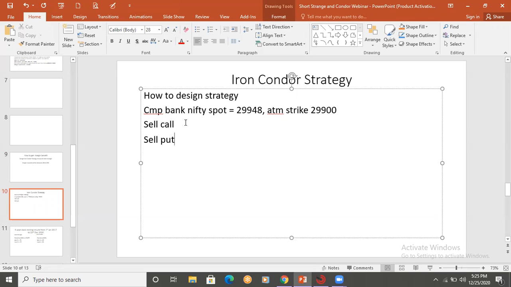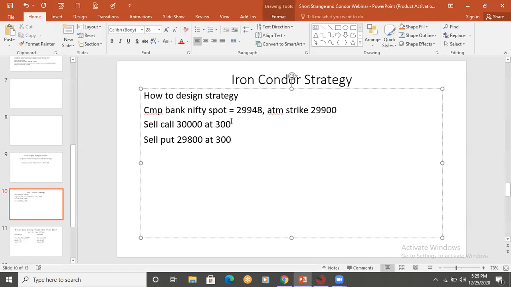Again, you need to do the adjustment of the same 100 points as we will sell both OTM call and put. So sell call option 30,000 strike, sell put option 29,800 strike. Let's take the same premium: 30,000 strike call trading at, let's say, 300. 29,800 put option is also trading at 300.